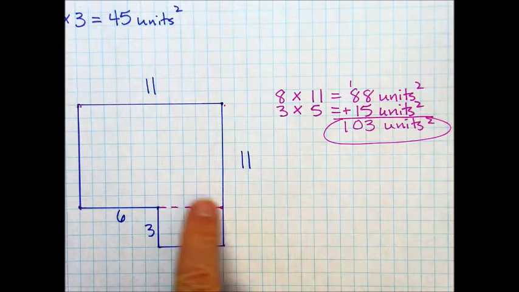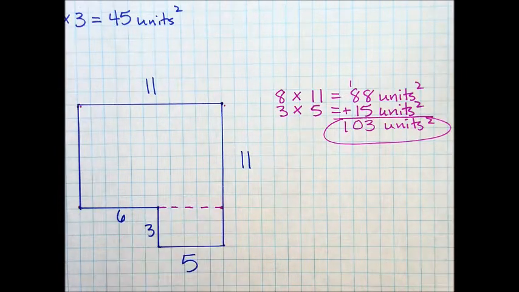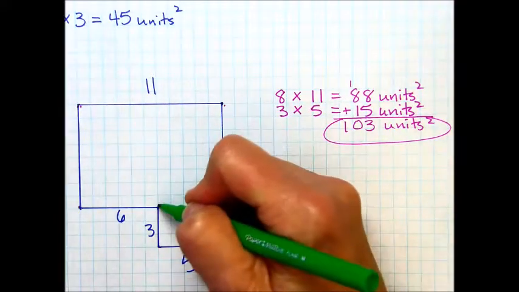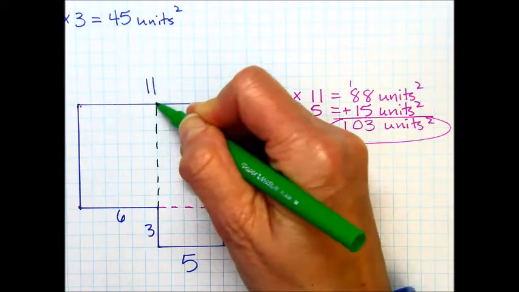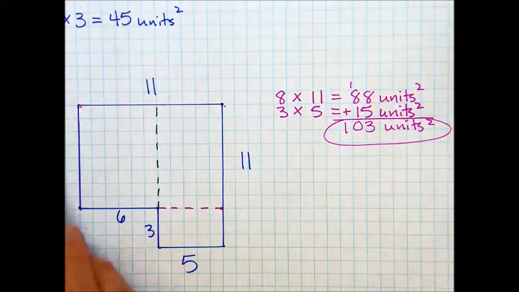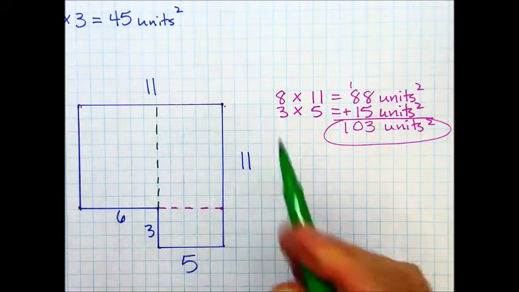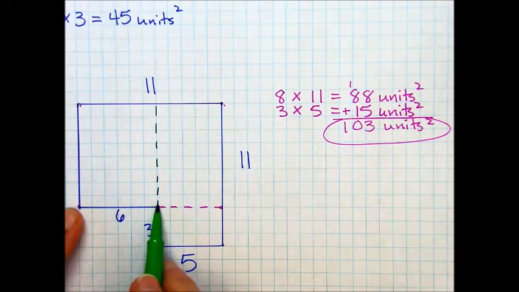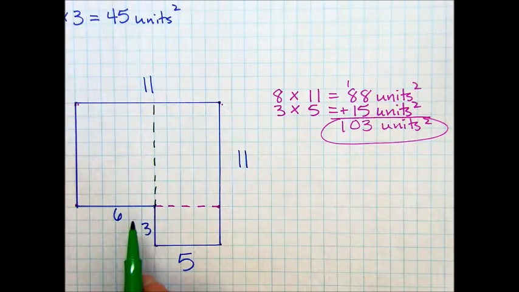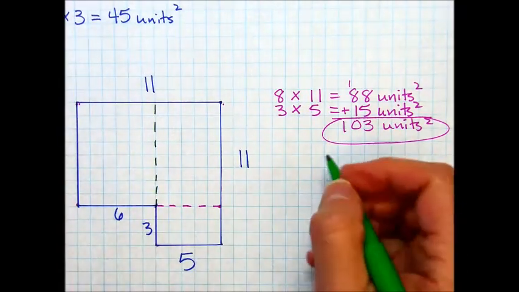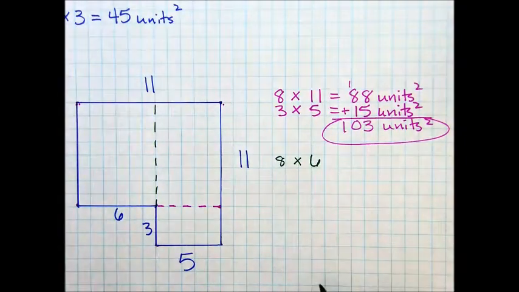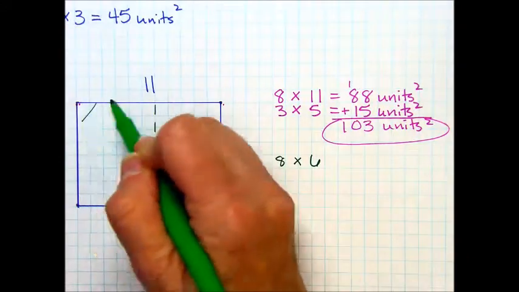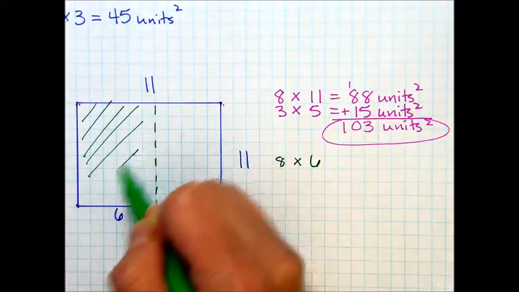What if we didn't break it up here, though? Let's ignore that line and let's break it up in this way. So instead of using the 8 and the 11, we're going to use this 6 and this 8. So we'll have 8 times 6, because we're going to be looking at this rectangle here.